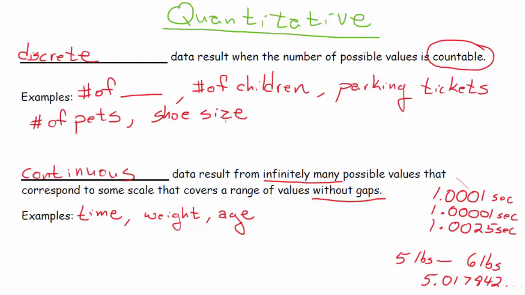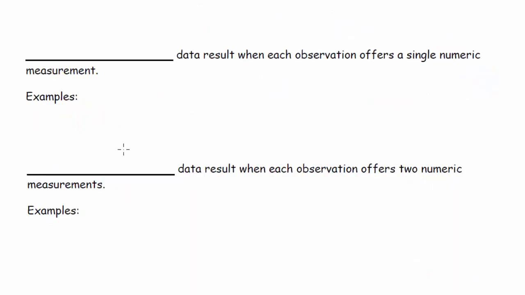I jump from 7.5 to 8. You wouldn't say my shoe size is a 7.683. Once we know we're quantitative, we're a number, right? We can break that down further into discrete versus continuous. All right, our next classification of data is also for quantitative.